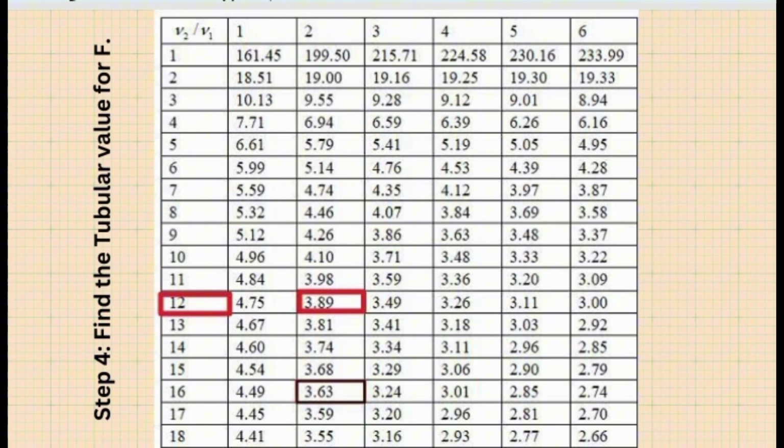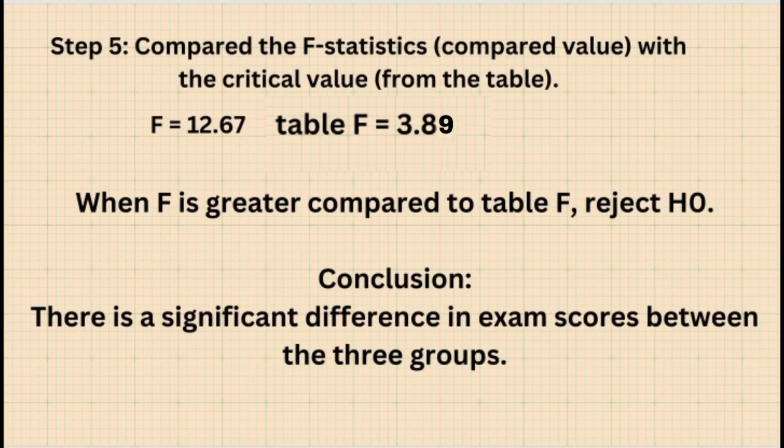Step 4, find the tabular value for F. So, degrees of freedom numerator nga 2 ug degree of freedom denominator nga 12. Then ang result nato ana kay 3.89. Step 5.